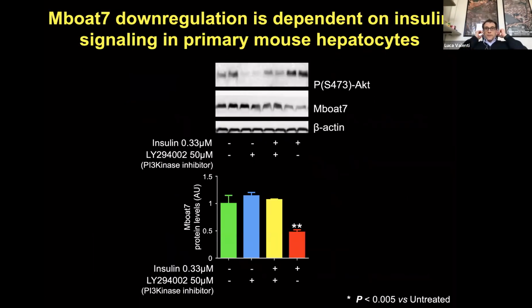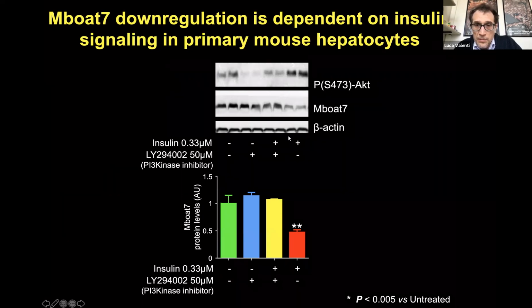So to make a long story short, we have confirmed this data in a cell autonomous manner in primary hepatocytes in mice. Even here, exposure to a high dose of insulin led to a downregulation of Ambos7 in a PI3 kinase dependent manner.